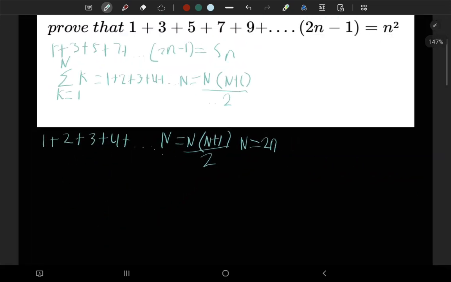Since the series 1 plus 3 plus 5 plus 7 goes up to the 2n minus 1 term, we can set up the factorization using 2n.